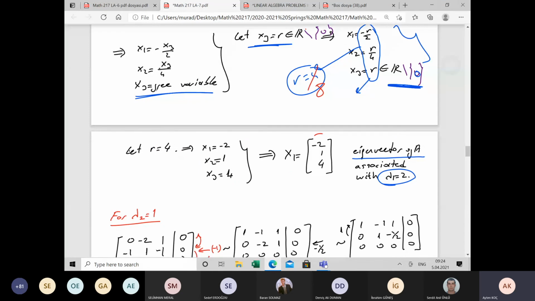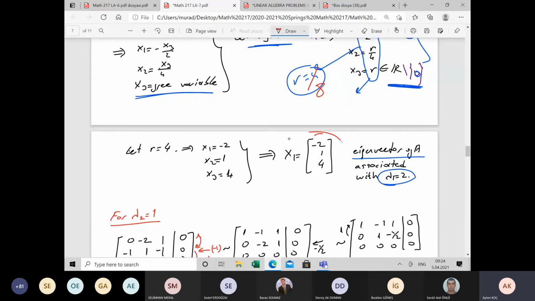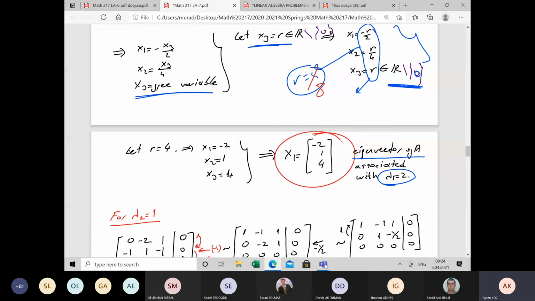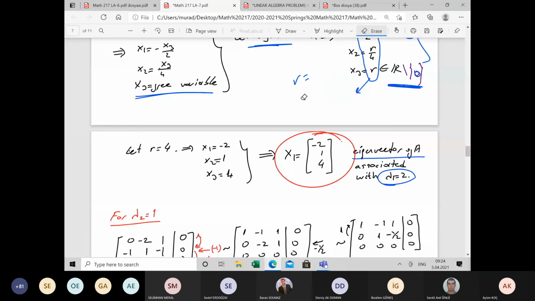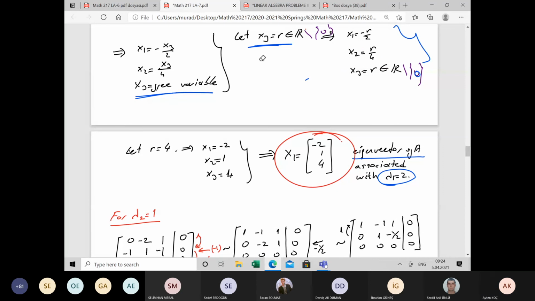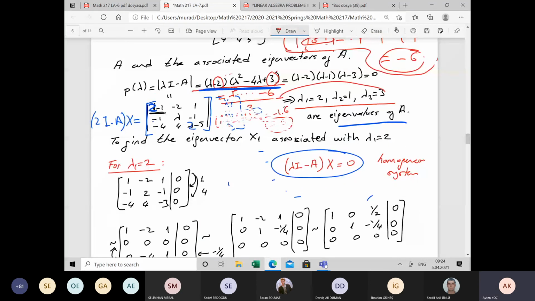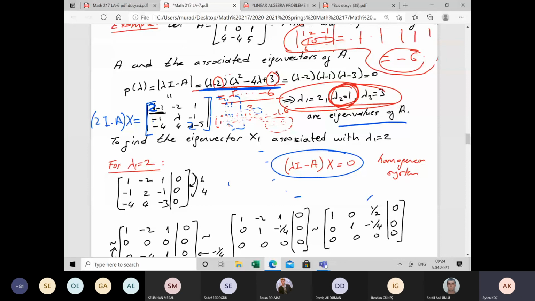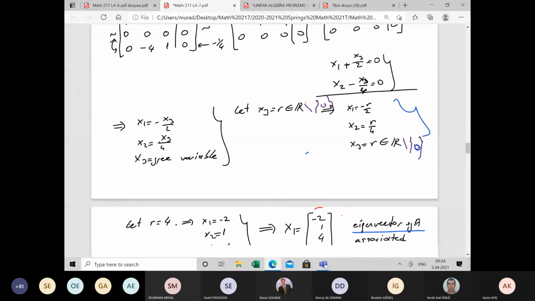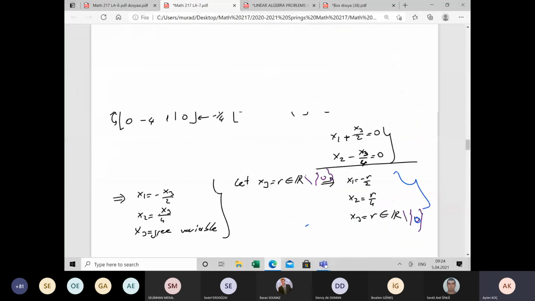No question. But here we have 3 eigenvalues. Let's come back. We have 3 eigenvalues here. So we take the other one, and we obtain the corresponding eigenvector. Lambda is 3 and 1.